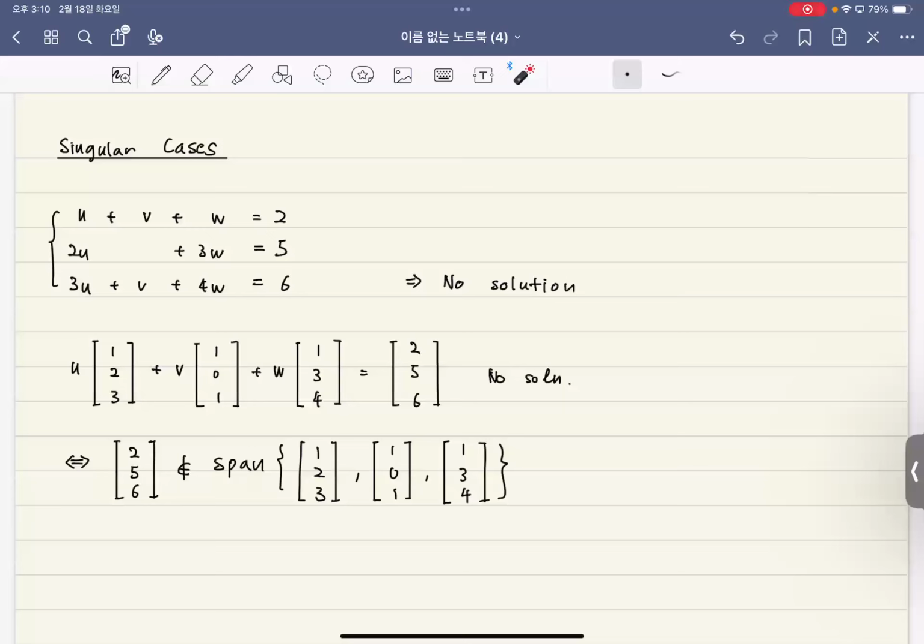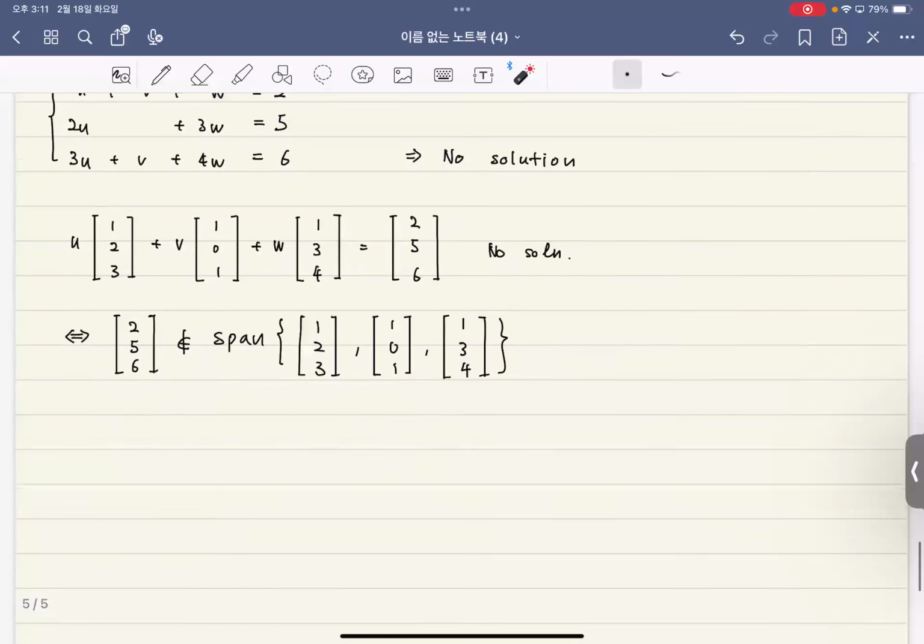But this vector not being a member of the span means the span can never be the 3-dimensional space itself, right? The only possible explanation is that even though I use 3 vectors as generators of this span, they fail to achieve the 3-dimensional space. So this is only a 2-dimensional space, and this vector is not a member of this space.